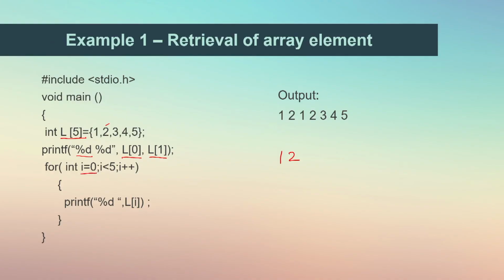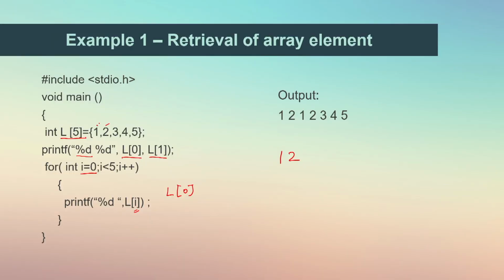In the loop, it runs for 5 iterations starting from the I value of 0. When the I value is 0, it enters the loop and prints the value of L of 0. This means the I value is replaced with 0 for the first iteration. It looks for the value of L of 0, which is 1, and displays it. Now the loop is iterated the next time.